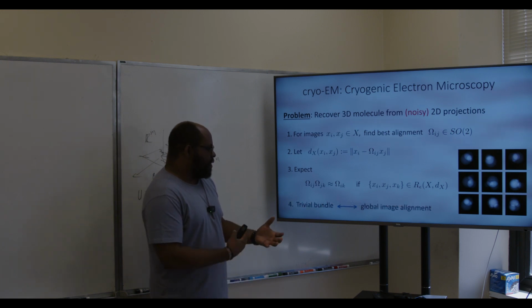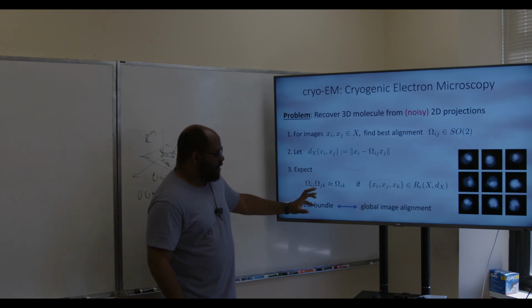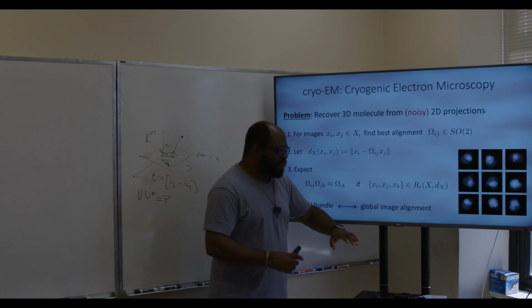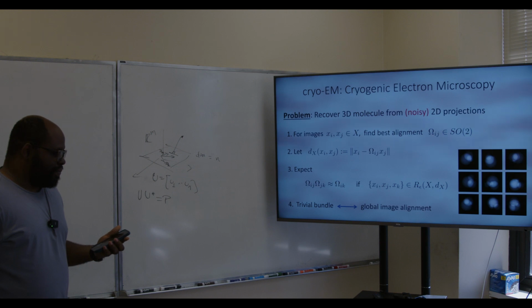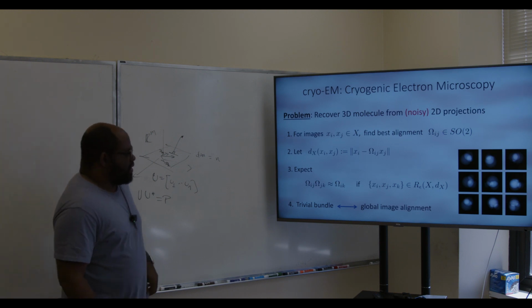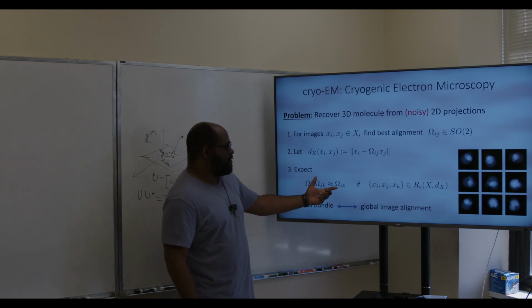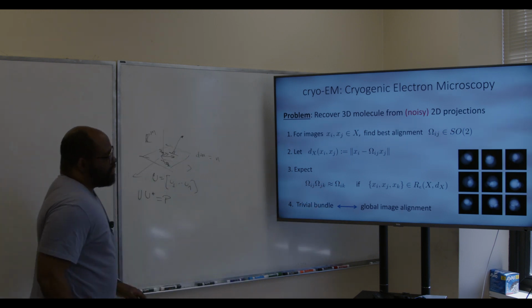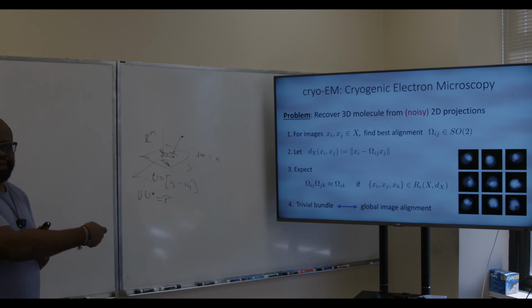The bundle that this defines is trivial if and only if all the images can be aligned at the same time. The obstruction to aligning all those images at the same time is given by the vector bundle not being trivial. It's exactly the same thing. So the message is that multiple alignment problems naturally lead to bundle questions.